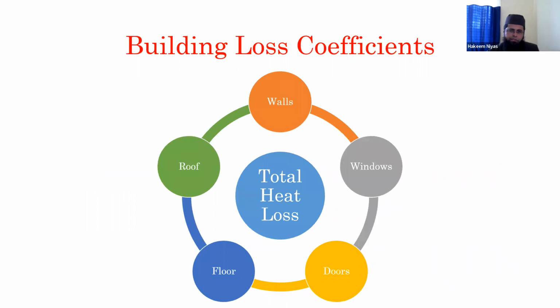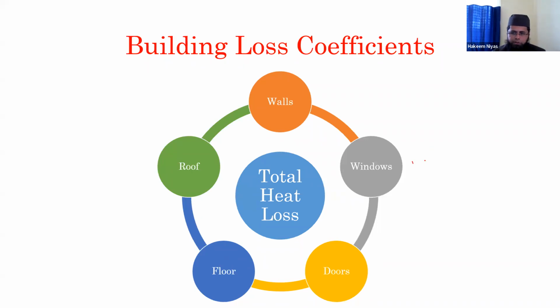I have just two more slides on the second part, solar energy and heat pump together. One point we should not miss is the building loss coefficient, which means we try to retain the heat or the cold within the home. We should not allow it to get lost.